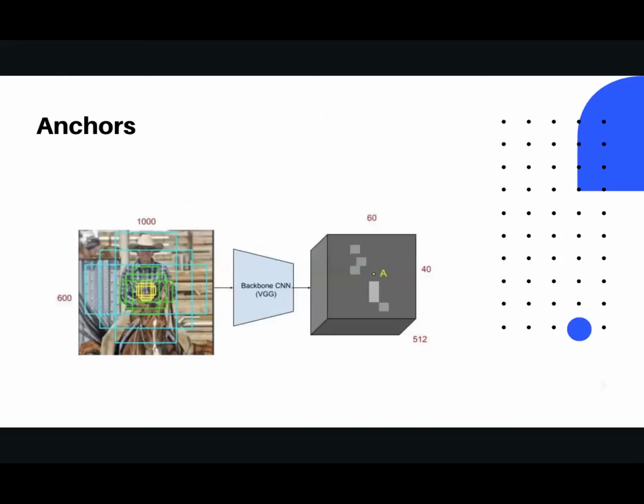So as we said, the anchors would be mapped to something like this. When we are at point A in here, you see it, we will be applying the yellow anchors. Remember, we are applying these yellow anchors on the convolutional feature map. It is not being applied on the actual image. So the search is happening at this location, the convolutional feature map.